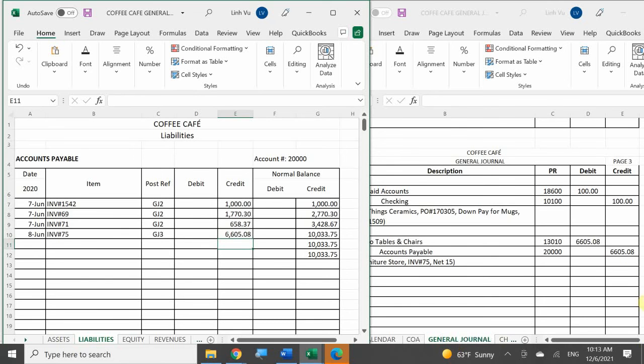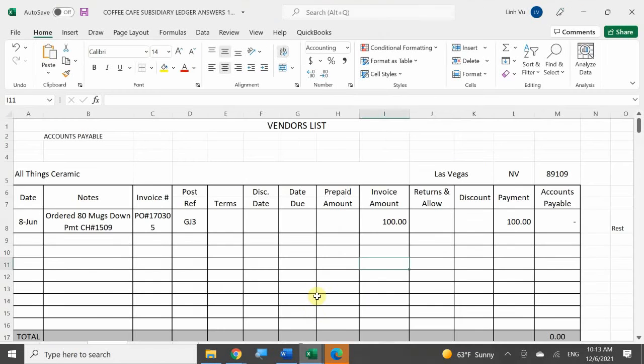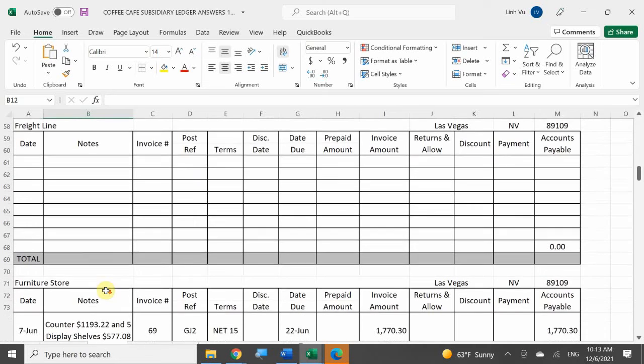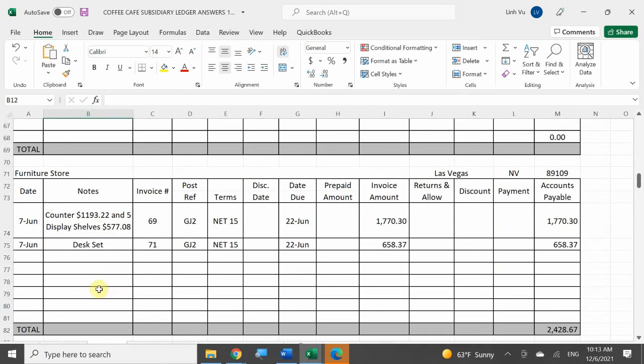All right. And now we need to do our subsidiary ledger because we received a bill from the furniture store. So locate your furniture store. Here we are.